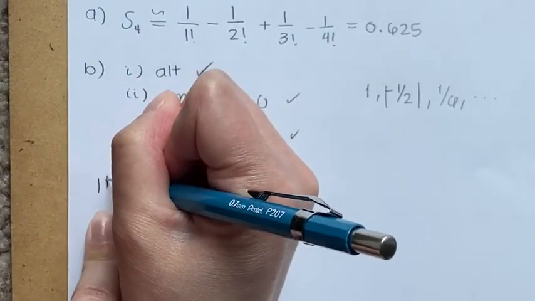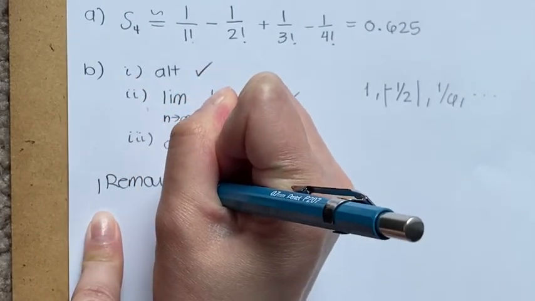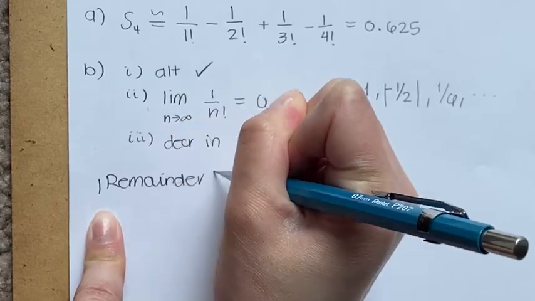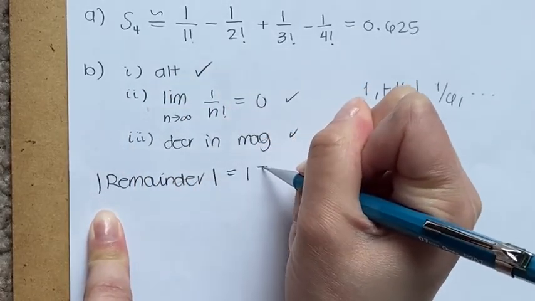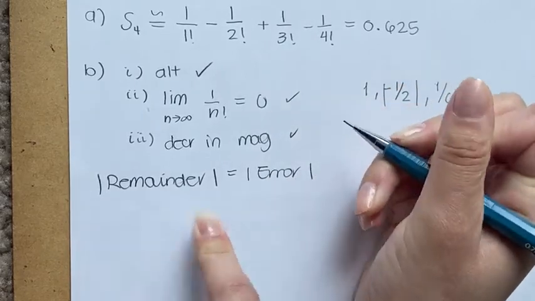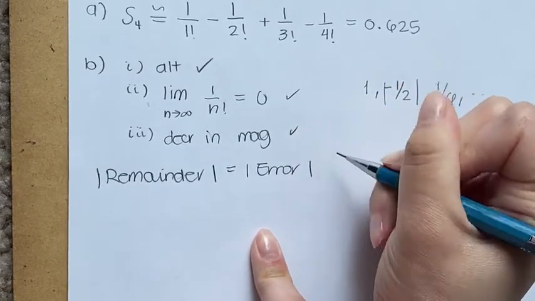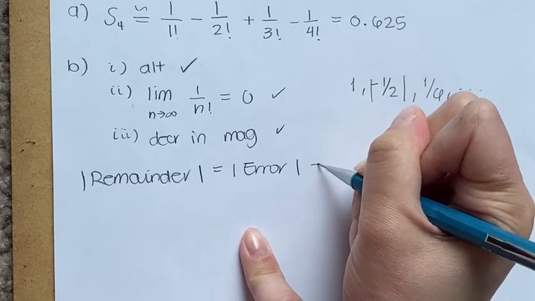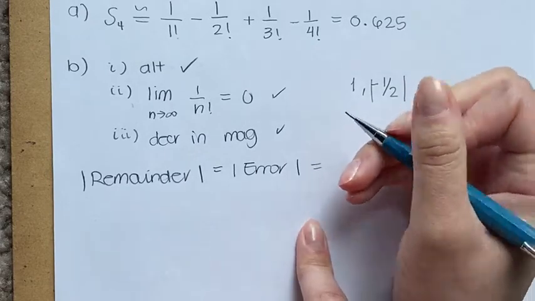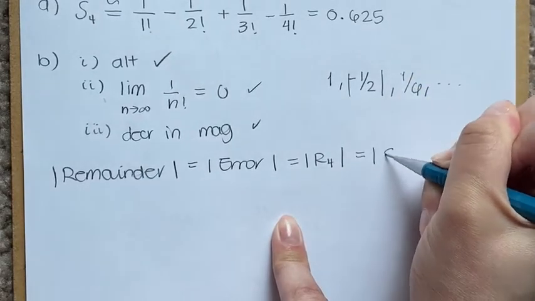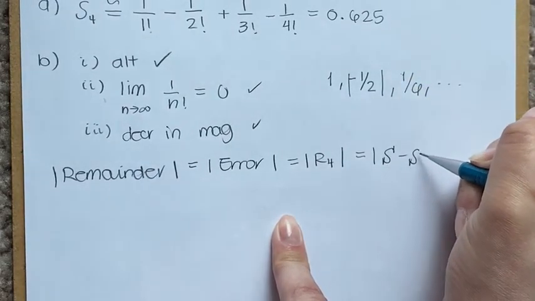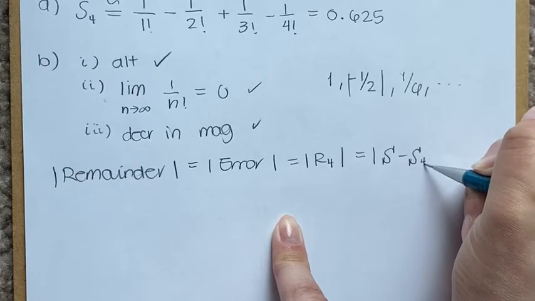So what do you know? The absolute value of the remainder is the error. The error is equal to R4, which is equal to the original S minus S sub 4.